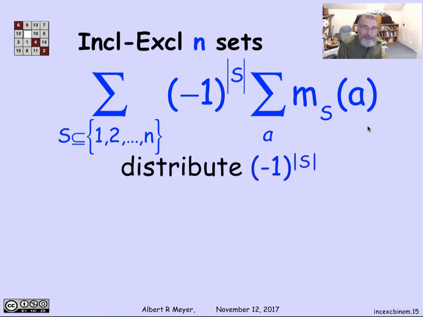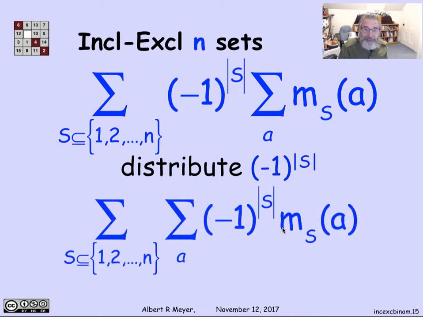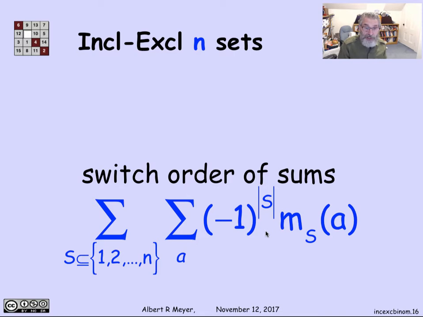Well, let's fiddle with the sum a little bit to make it more workable. I'm going to distribute the minus 1 to the size of S to push them inside the summation. That's just the distributive law of multiplying a sum by a constant. You multiply each of the things being added by that constant. And next, I'm going to do a standard trick, which is I'm going to switch the order of the sums.